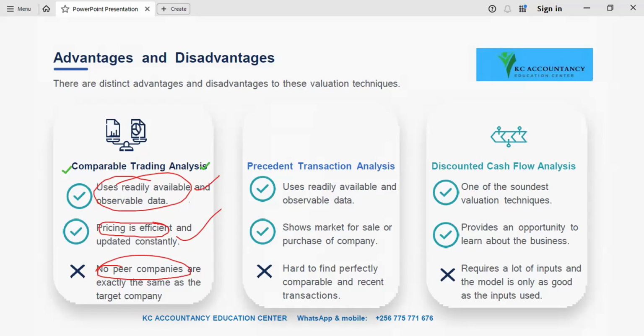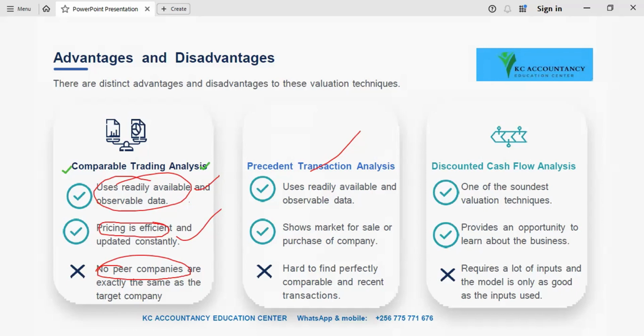So now we are done with that. If you consider precedent transaction analysis, the first advantage is very similar to comparable trading analysis. The data is readily available and easily observable.